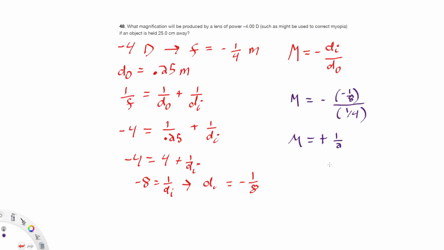So in other words, the image is right side up because the magnification is positive, and it's half as big.